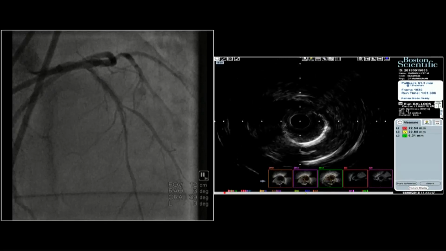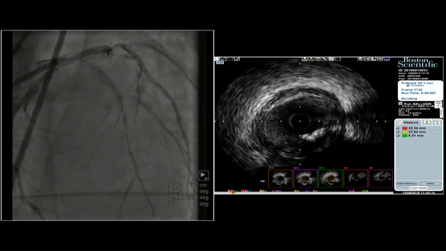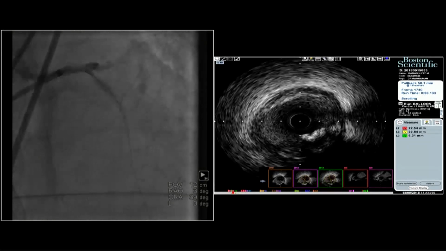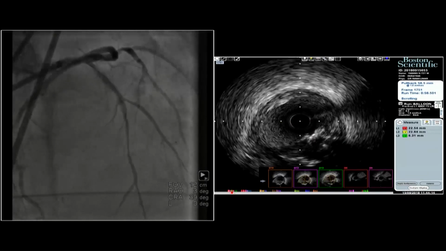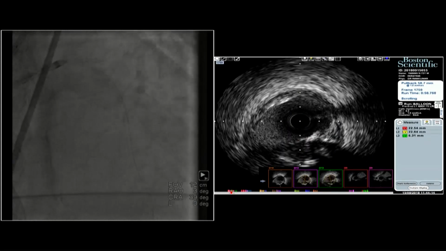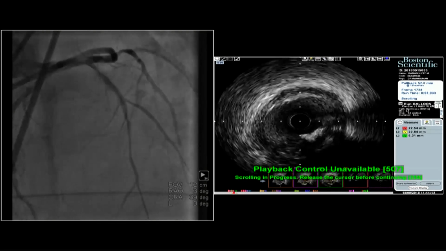So here the strategy should be crossover rather than a single stent. Even in the angiographic pictures, the left main looks smaller than your LCX, which itself says that the left main is at least 40 to 50% diseased. In the proximal part we almost have 360-degree calcium, and that is not broken well with a regular balloon.